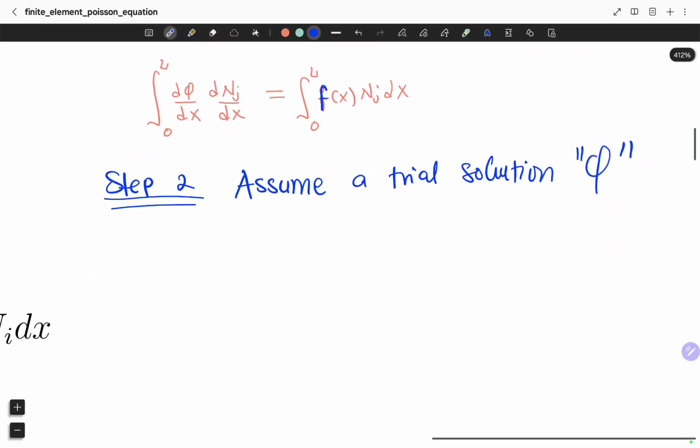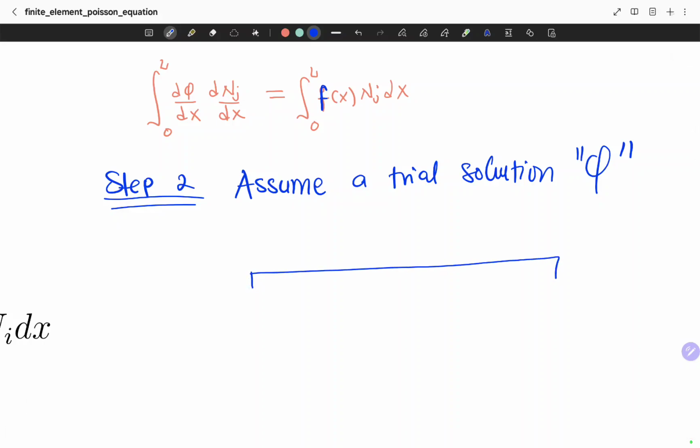In fact, the idea of finite element is to be able to have these functions, so this is element 1, element 2, element 3, element 4. So we would like to have a function. In my case, I will not use u, I will use Ni.